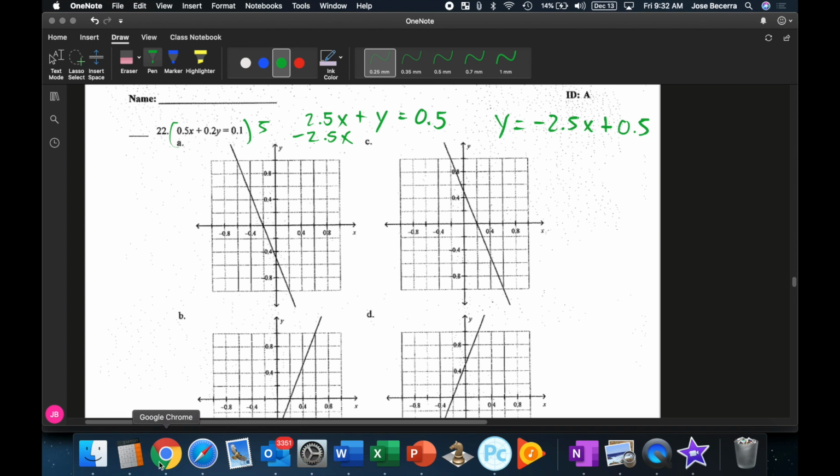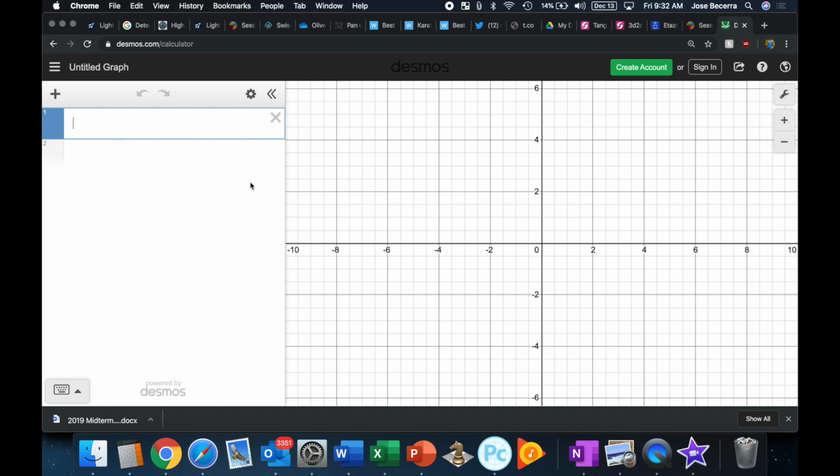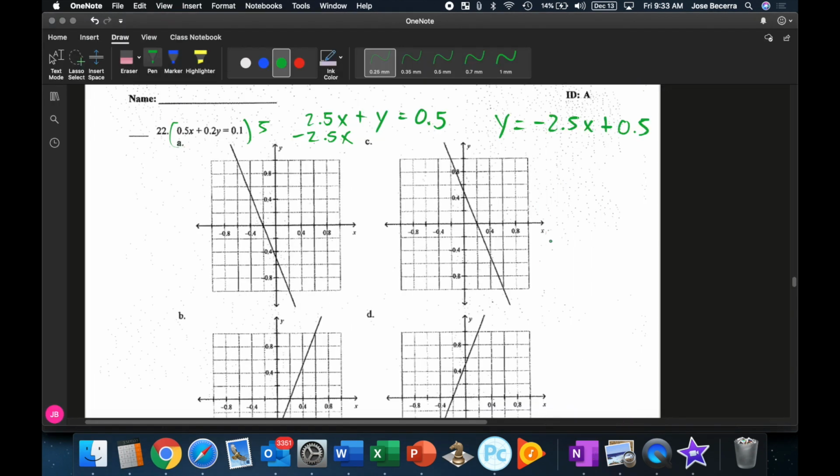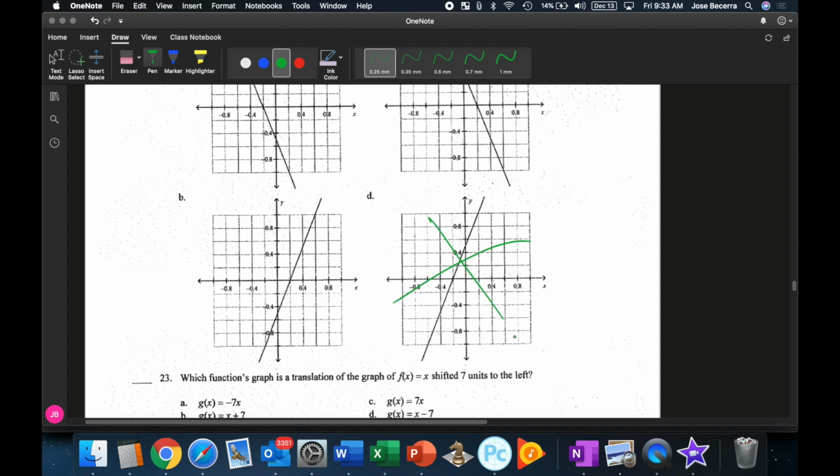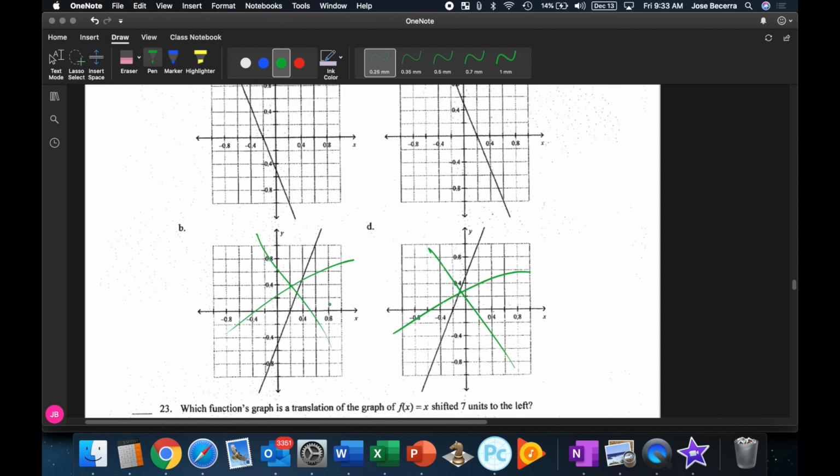Now, we can go ahead and still plug it into Desmos. We get y is equal to negative 2.5x plus 0.5. And this is what my graph should look like. Do y'all see that? And it even tells you where it intersects your lines. So we go back over here. We know that it's going in the negative direction, so it's none of these.